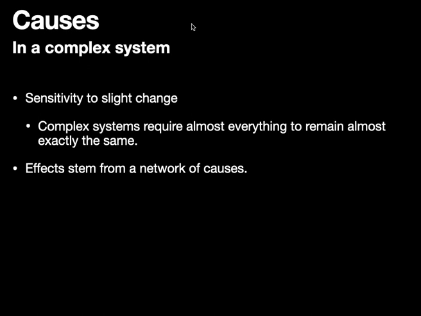Or maybe a more apt comparison is if you're trying to hammer two boards together, you don't have to be very precise, but if you're building a mile-high skyscraper, you have to be very precise. The bricks need to go exactly where they need to be, and there's not a lot of latitude for error. So complex systems are very sensitive to slight changes in their inputs.